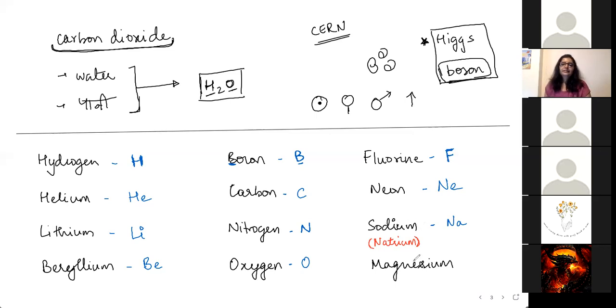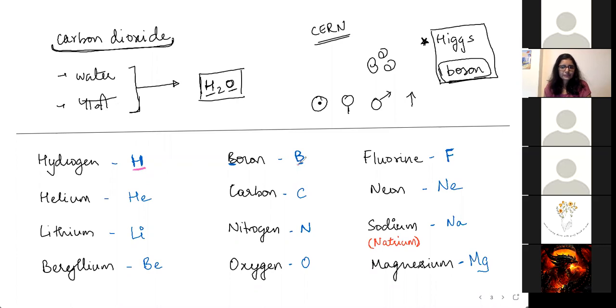Okay. All right. Now coming to magnesium. Mg. Before we go forward, notice how I wrote the symbols of all this. This is extremely important. Symbols are always written in capital letters.